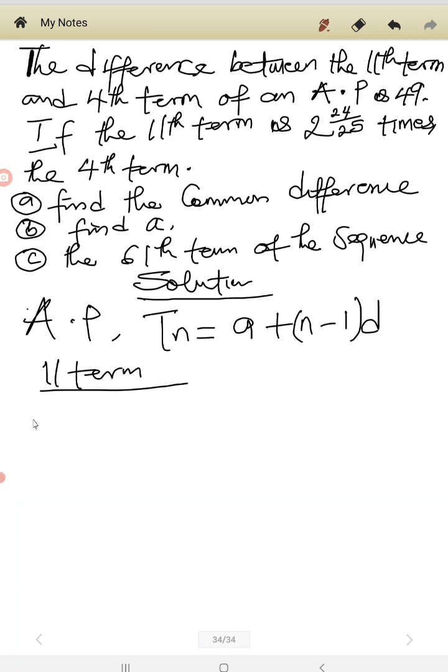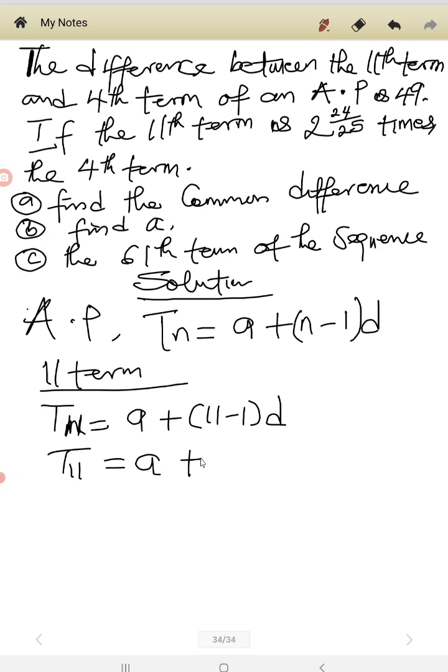From the question, you have Tn equal to A plus (11 minus 1) D. So that is T11.